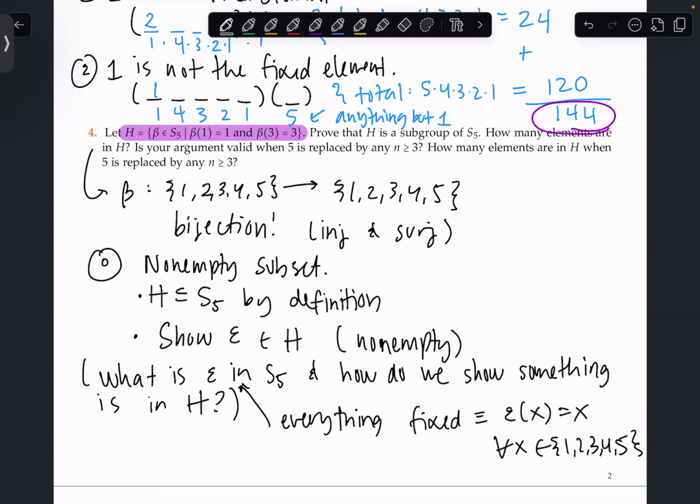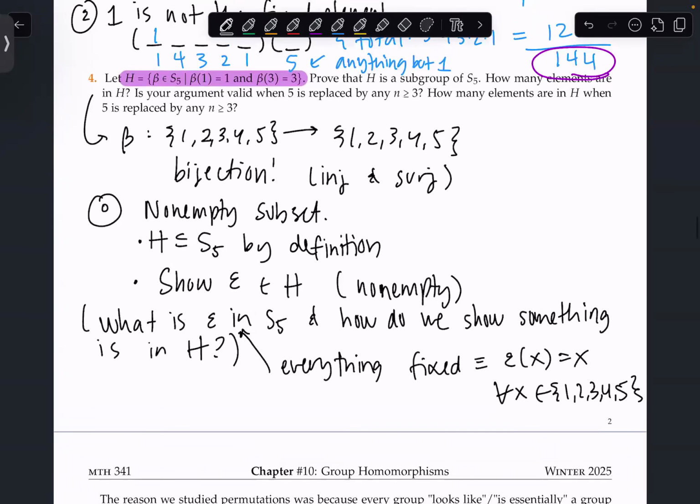Okay, what would be my next step? We won't do the rest of these, but just to set you up. So we actually have multiple options here. This is the first time where we can actually use the finite subgroup test, because all of my SNs are finite. They have order n factorial. If I take any subset, it also has to be finite, right? It can't grow if I'm a subset working within here.